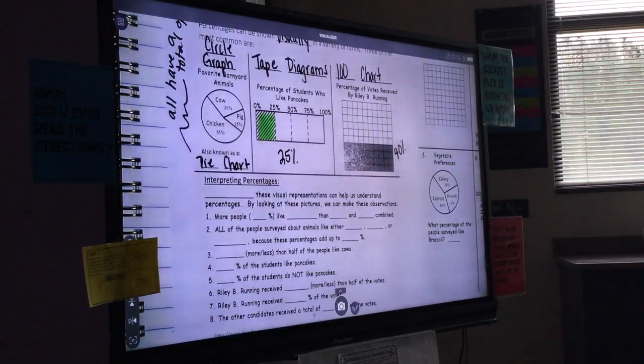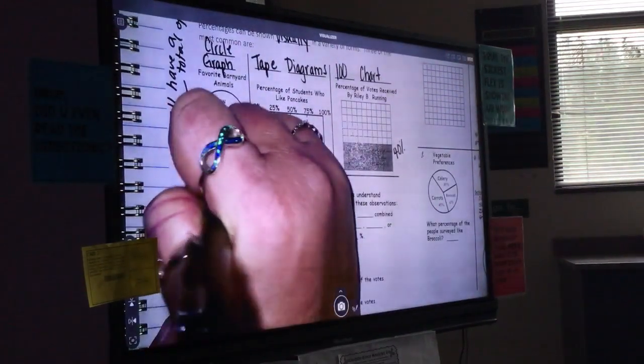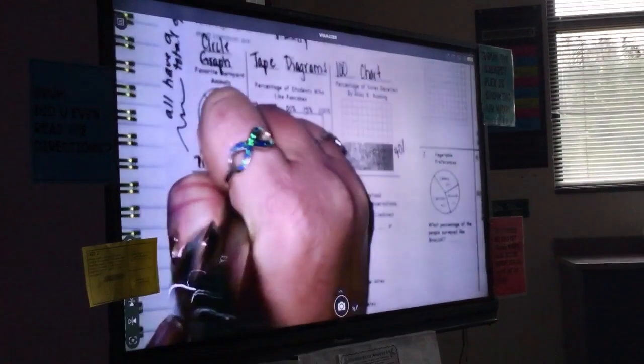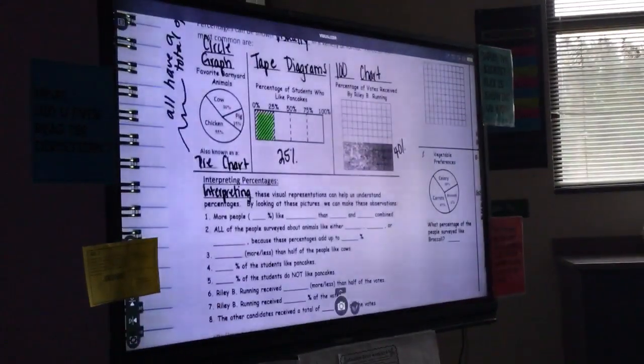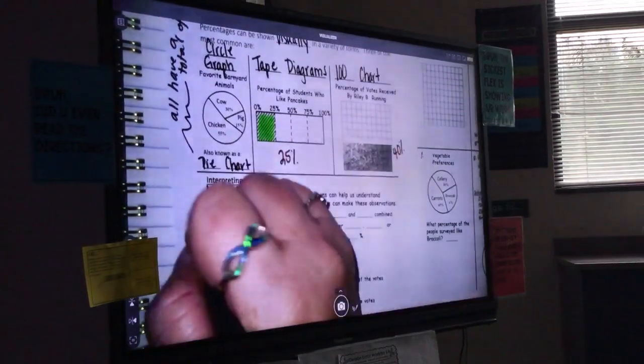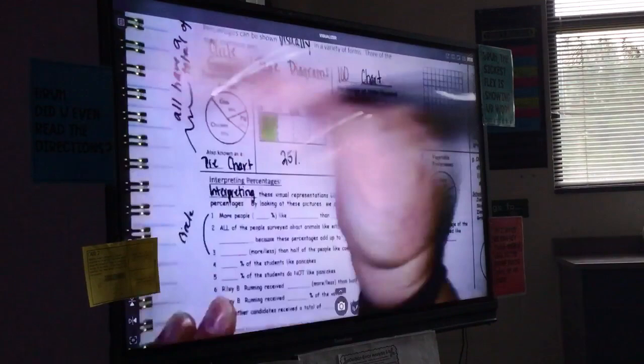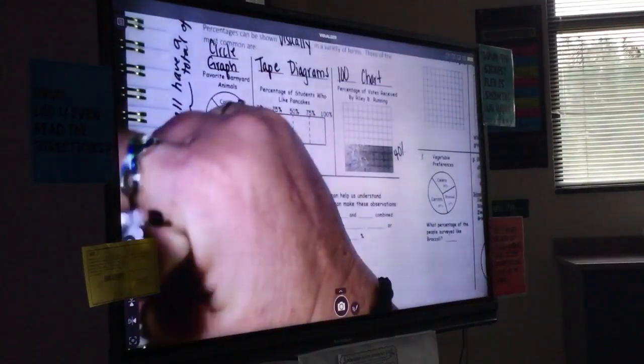So interpreting these visual representations can help us understand percentages. By looking at these pictures, we can make observations. For the first 3, we're going to be using our circle graph.